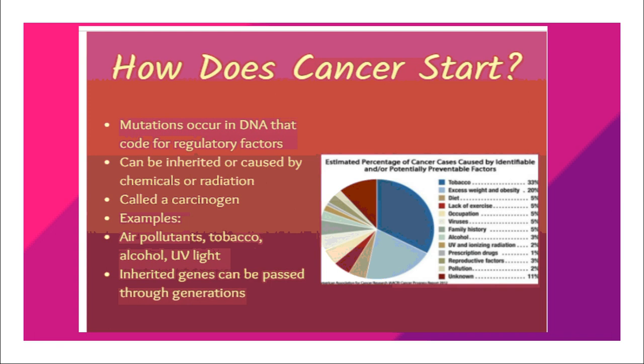And then, of course, there are some mutations that are inherited. Inherited genes are passed through generations from parent to offspring. This little chart over on the side shows the estimated percentage of cancer cases that are caused by identifiable or preventable factors such as smoking, diet, obesity, lack of exercise, pollution and so on.